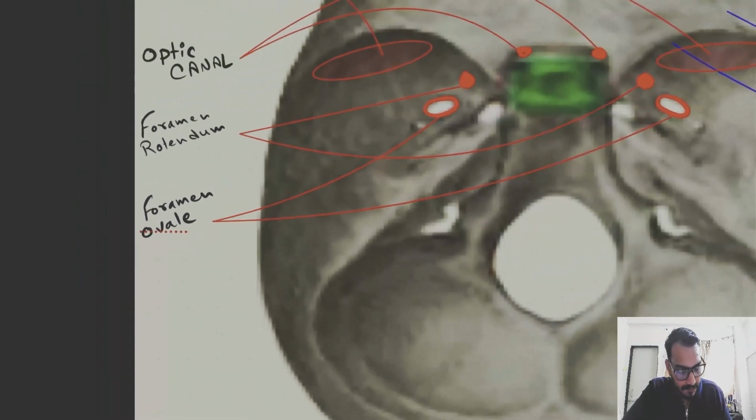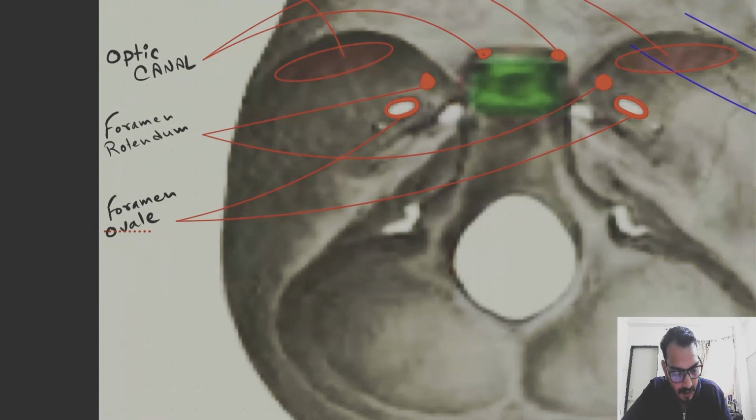From foramen ovale also, again posterior laterally we have one more foramen here.